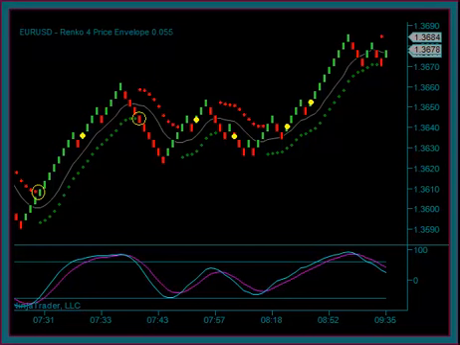Now that's certainly the best trade of them all, with the next yellow dot being an add-on setup. And there you go. Chart read for price envelope reverses. And then if you do get your trade setup, take the trade. Okay? And if you don't, that's the way you go.